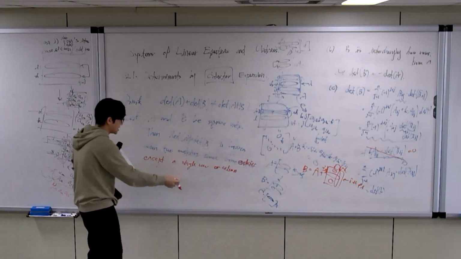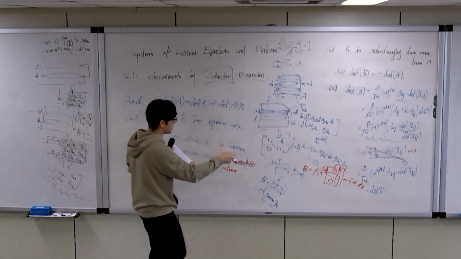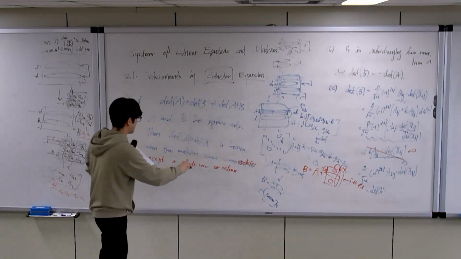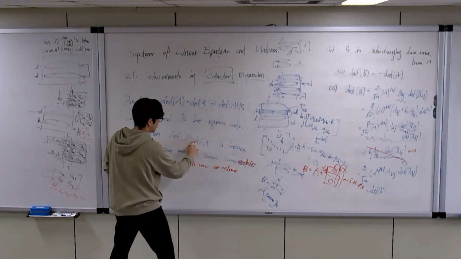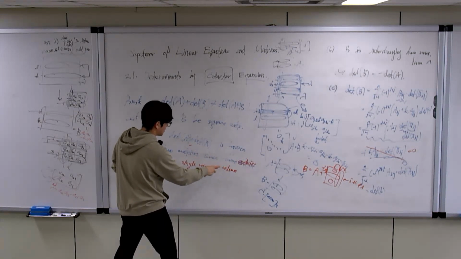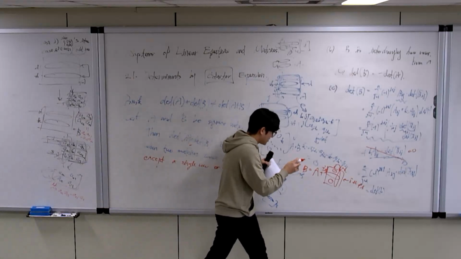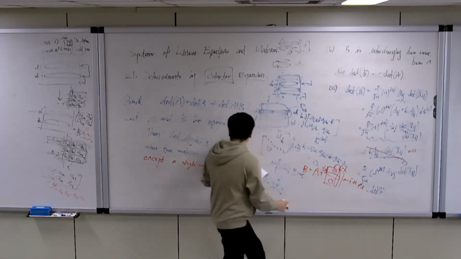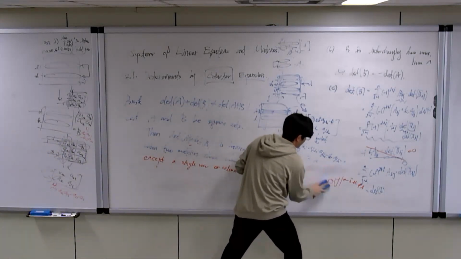So in this case the determinant will be one matrix. It is not from A. Let me explain, okay?